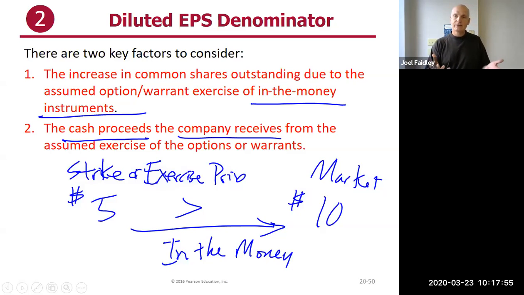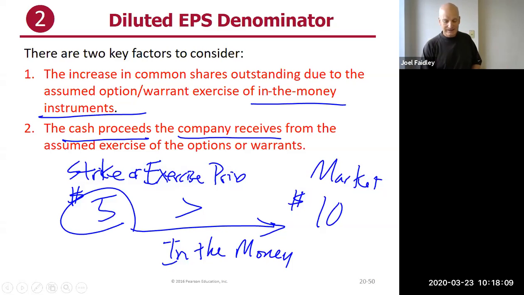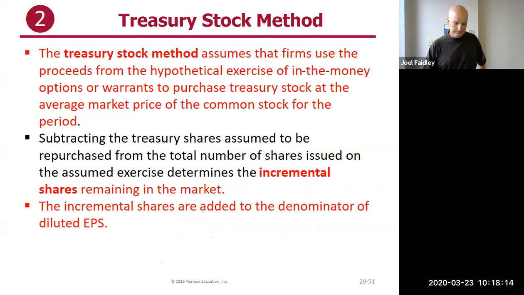Remember the debit to cash we had for those options? They pay for the options at $5 a piece. And they're gladly paid $5 a piece if they can turn around and exercise this and sell the stock for $6 a piece, right? Or 10 or 100 or whatever it might be. So that's in the money. That's the key phrase there. I don't think they used that back in the other chapter.